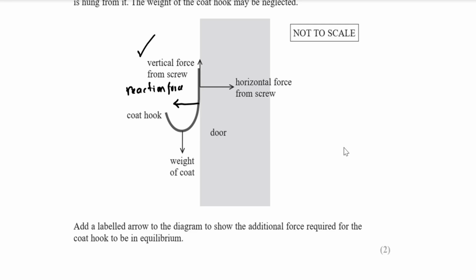Why? Because the weight of the coat produces an anti-clockwise moment.